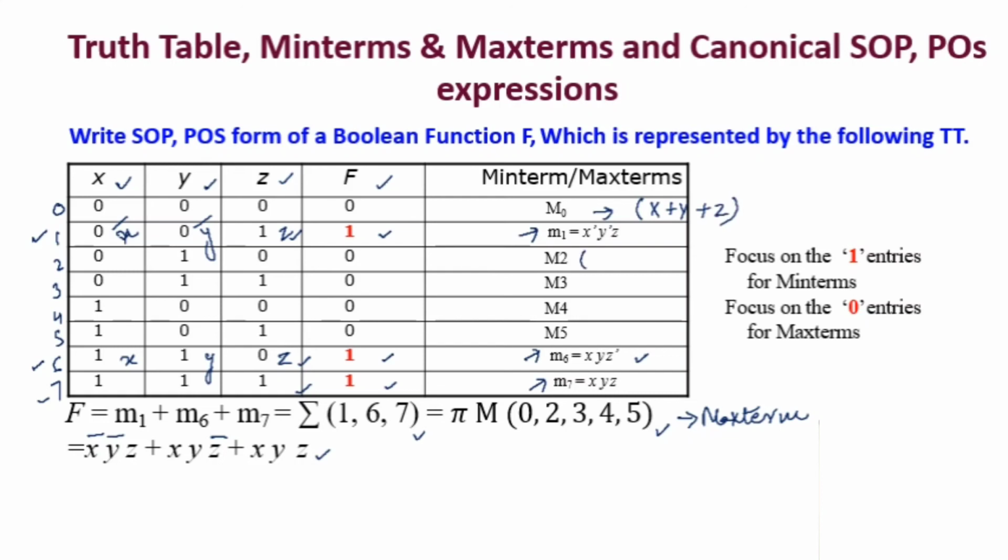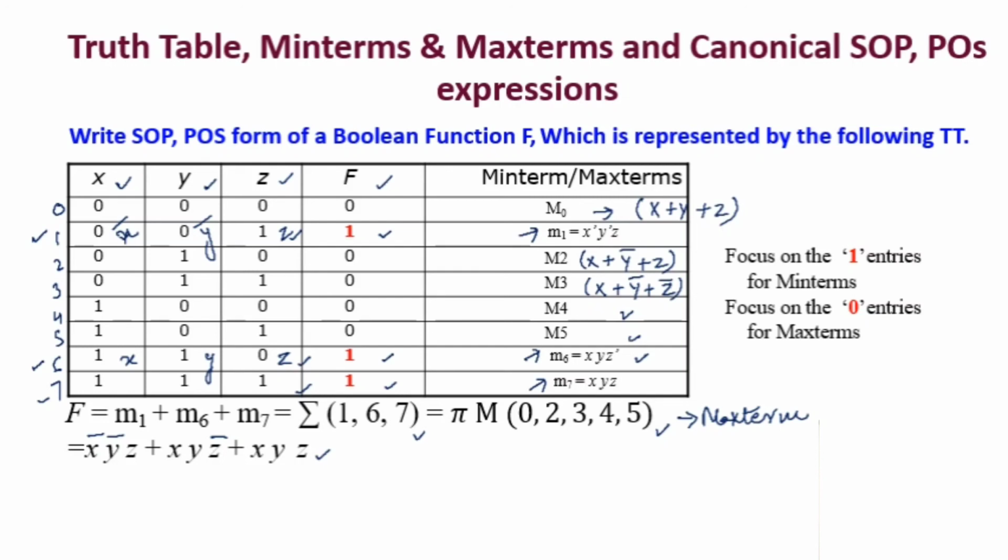Similarly, M2 is for 0, 1, 0, so it will be x plus y bar plus z. Here the 1 is replaced by the bar term, and similarly you can calculate for this one. It is 0 1 1, that means x plus y bar plus z bar. Similarly I can do this for M4 and M5. All of these are sums, so there will be 5 sums, and when these 5 sums are multiplied together, I will get the maxterm expression.